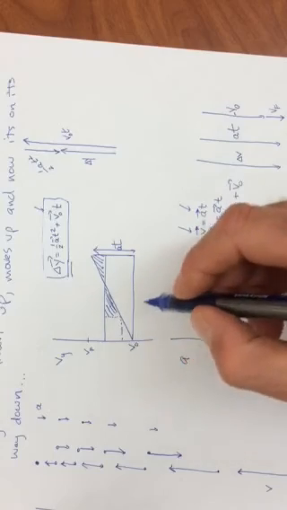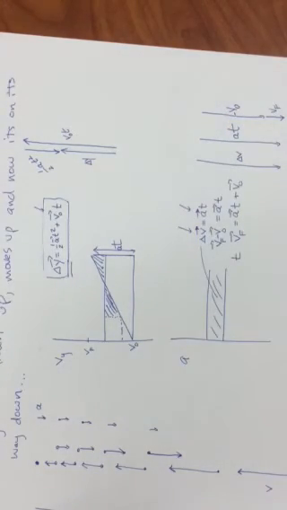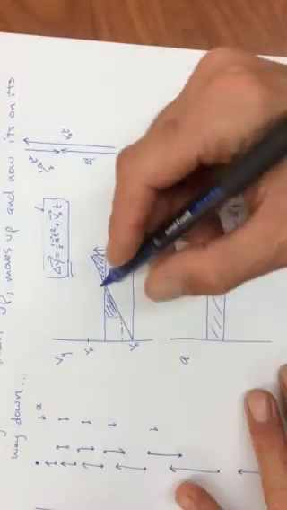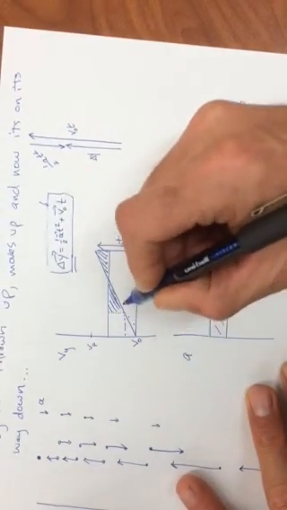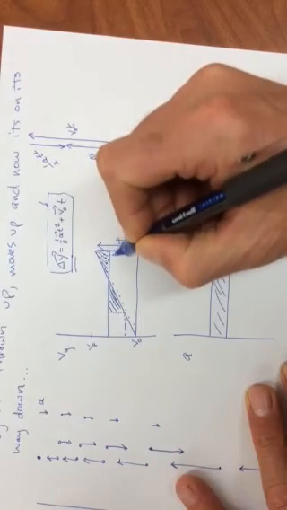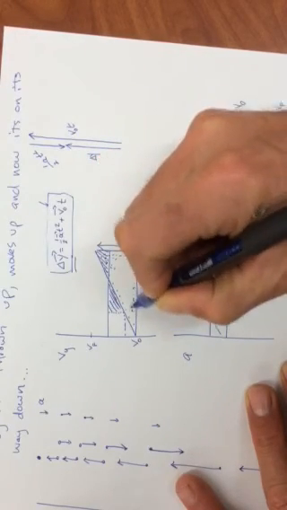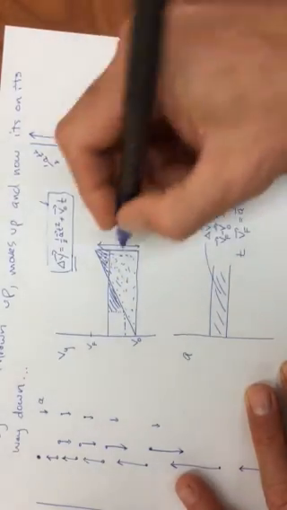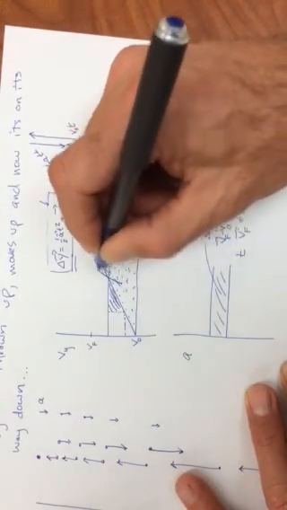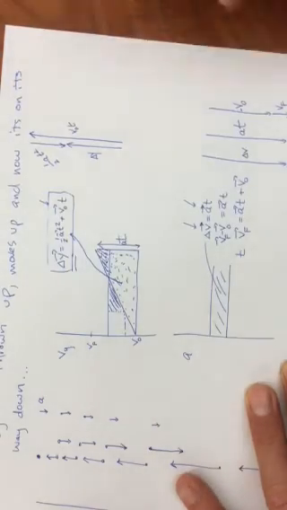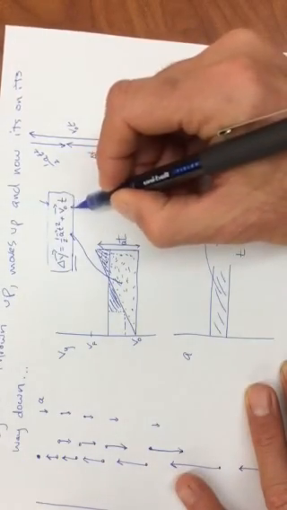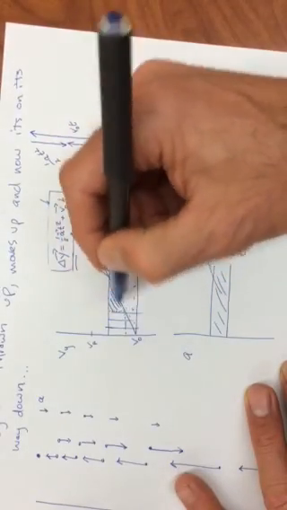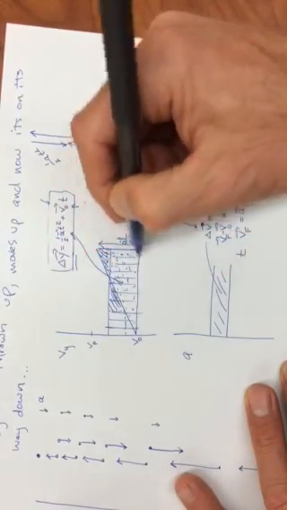If I take v naught times t, so let's shade these in. I'll put dots here to show this triangle, okay? Now, that's going to be 1/2 at squared. So that triangle is that. Now, this part, this v naught t, is actually this rectangle, right?